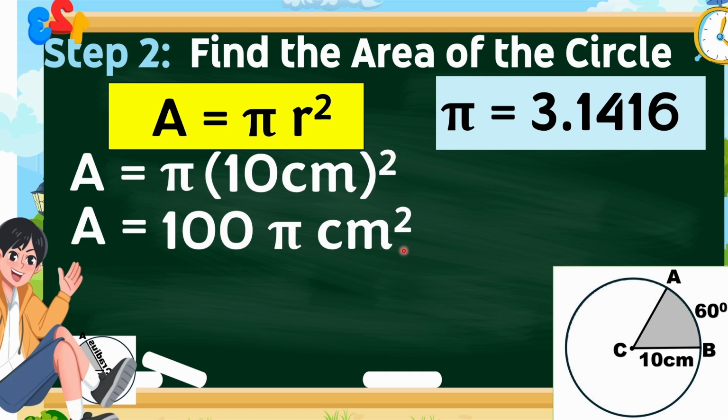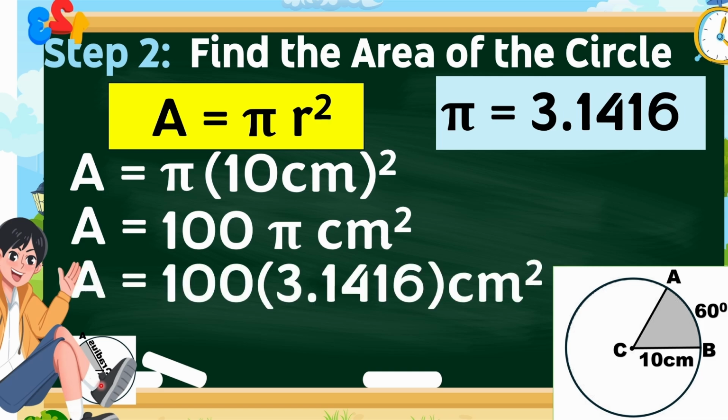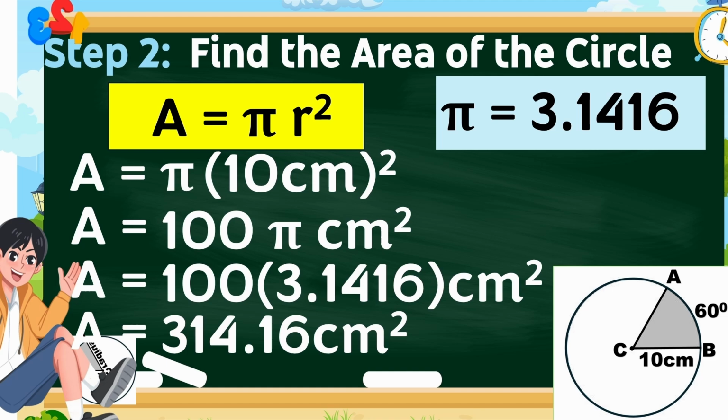Then we have pi centimeter squared. Then we have 100 times the value of pi, 3.1416. Then we multiply. The answer is 314.16 square centimeters. This is the area of the circle.